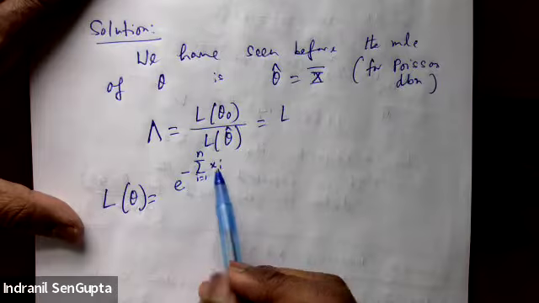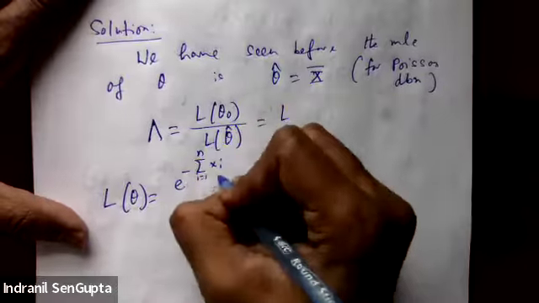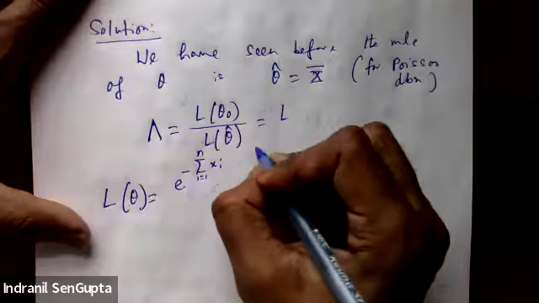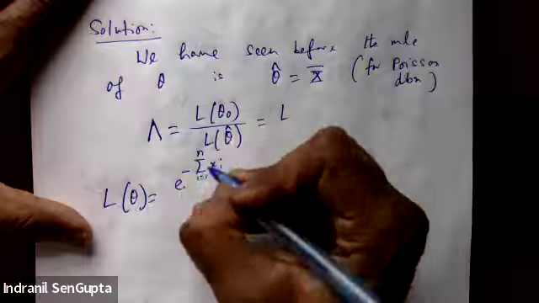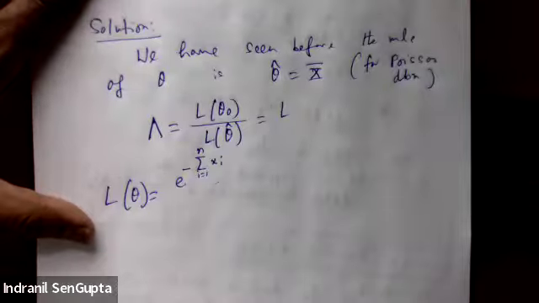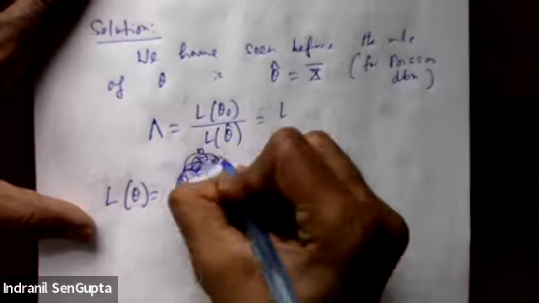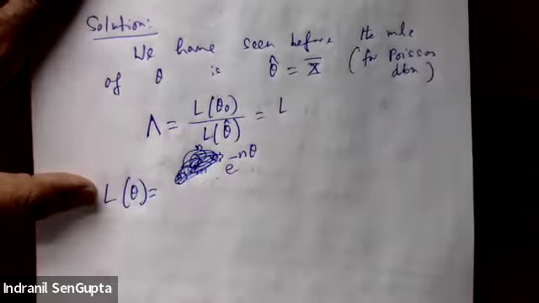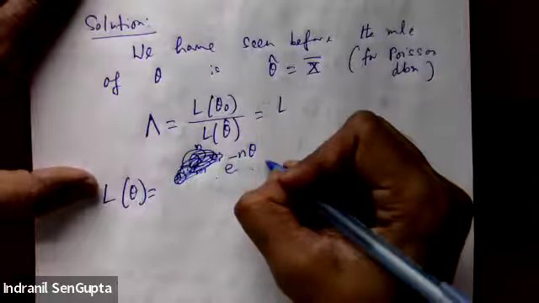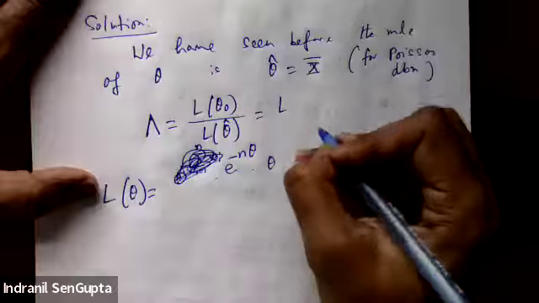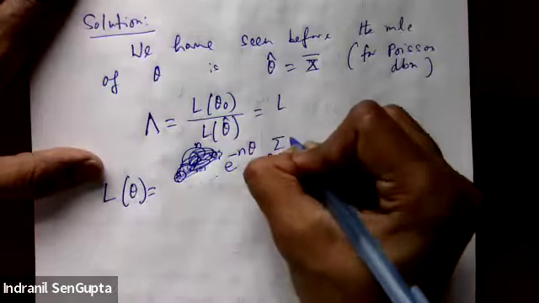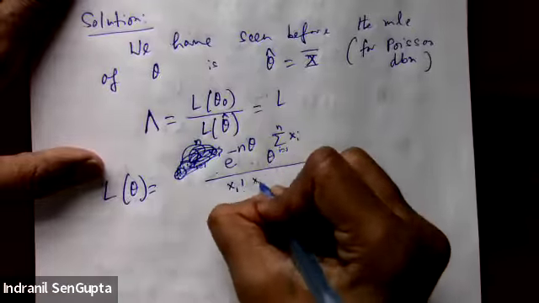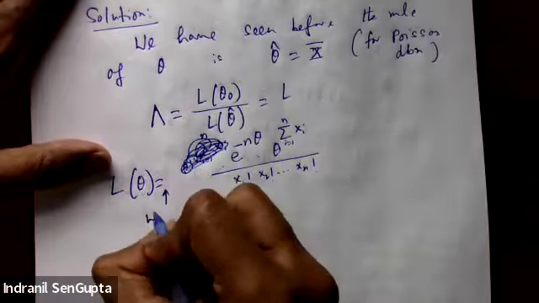Whenever I'm thinking of a random variable, I'm using big X. So this check, we have done before.